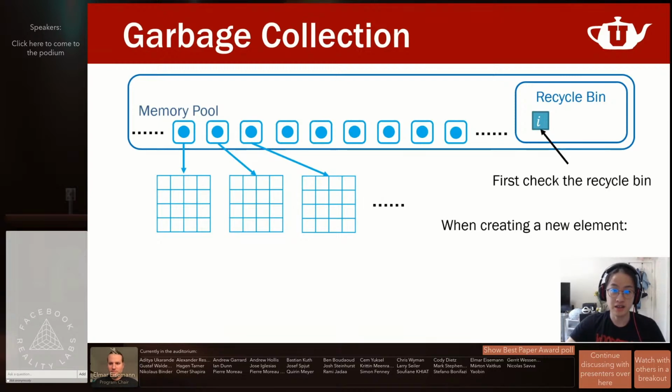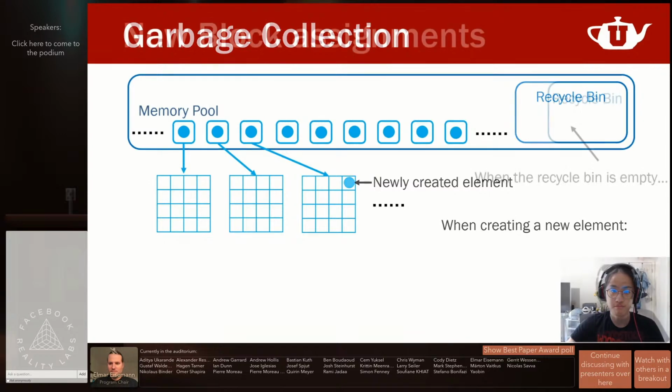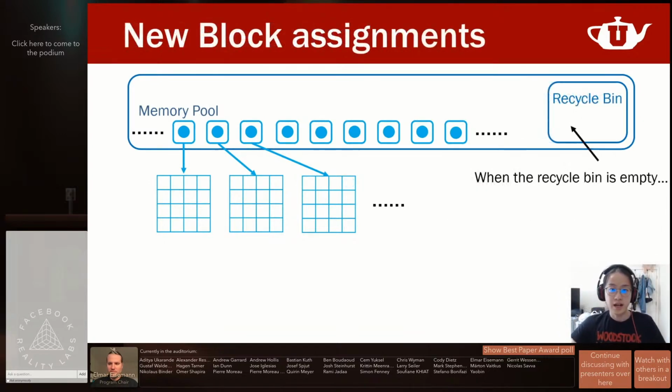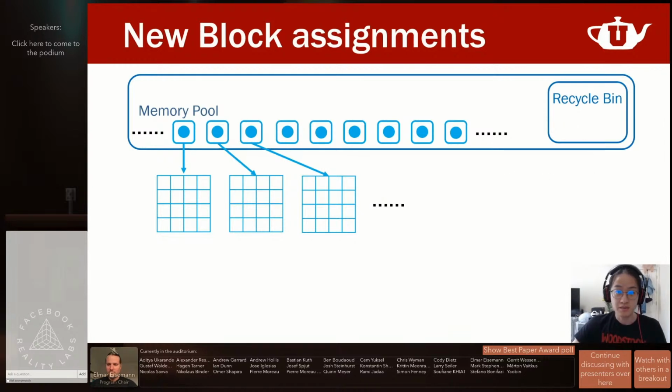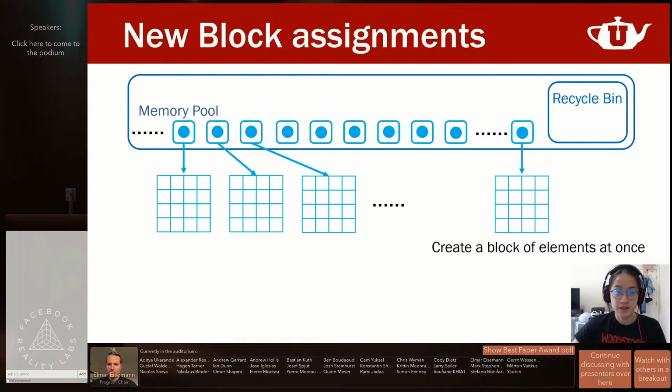If there is, we will just reinitialize the space and use it as a new element. If the recycle bin is empty, we will apply for a space for a whole block. This ensures that all the newly created elements are still densely stored without breaking the pointers to previously created elements.